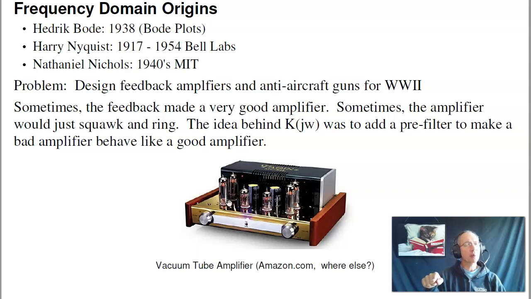The problem they ran into is that sometimes when you close the feedback loop, you get a very good amplifier. Sometimes it just screeches. Kind of like at a rock concert, if there's too much feedback, you just have this horrible screeching noise. That's typical with amplifiers too. They tend to oscillate if you have too much gain. So they're looking at how do you analyze the frequency response of a filter and maybe add a pre-filter, K of S, to make a bad system behave like a good one.